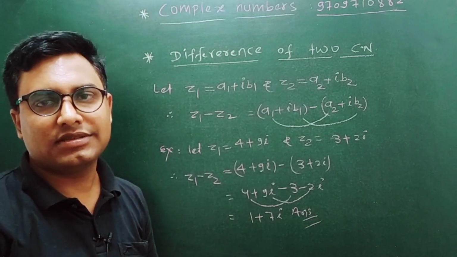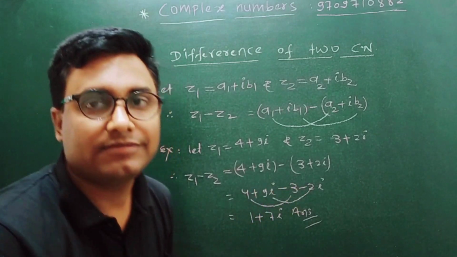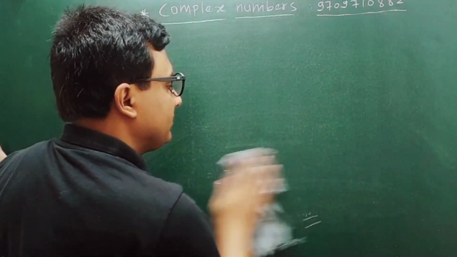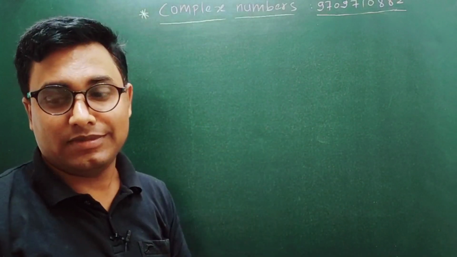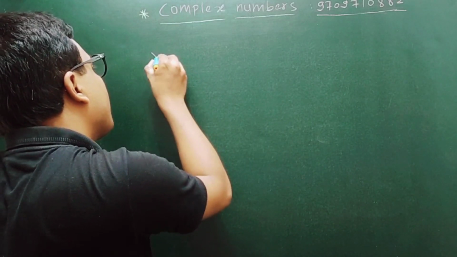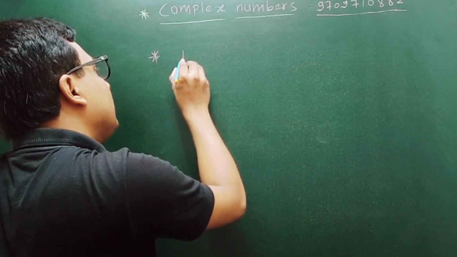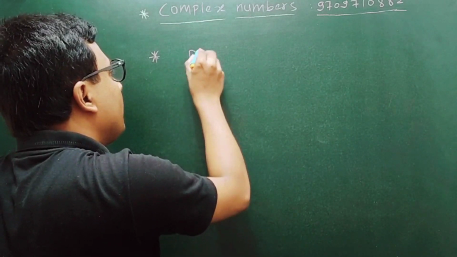Sum and difference are very simple. Now see the product of two complex numbers, the multiplication of two complex numbers.